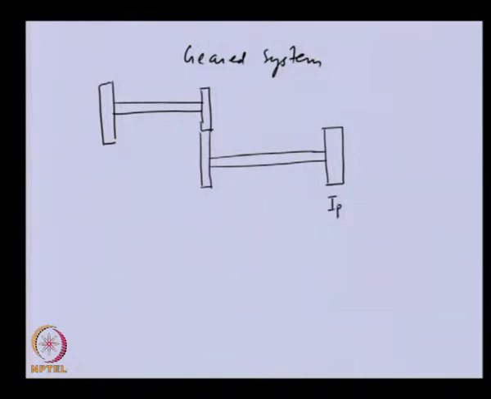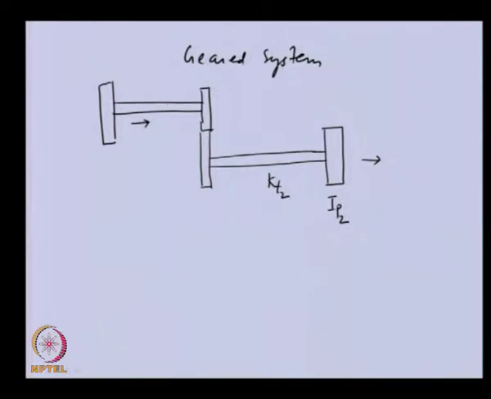Let us say this polar moment of inertia is IP2. So, basically the input is from here and we are getting output from this particular shaft system. Let us say the stiffness of this particular shaft, which is between the gear and this flywheel, is KT2.